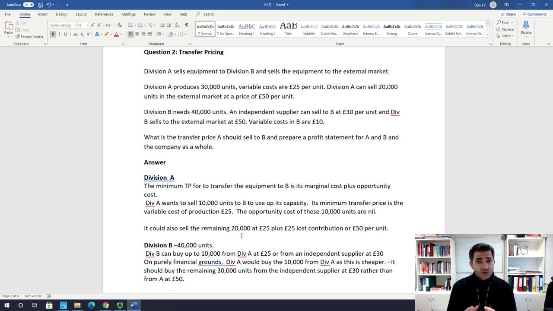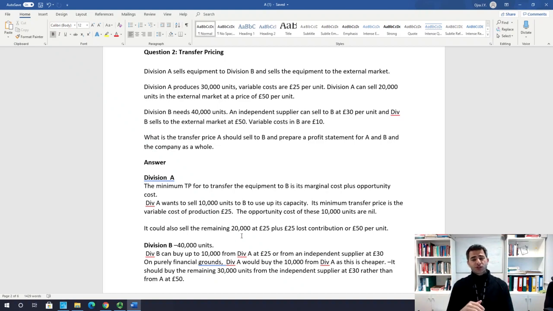So far, I would strongly recommend that for every transfer pricing question you draw some boxes and arrows, especially when it could be a longer question. It's great to have some charts, so you can really understand what's going on from division A to division B, and the figures also.